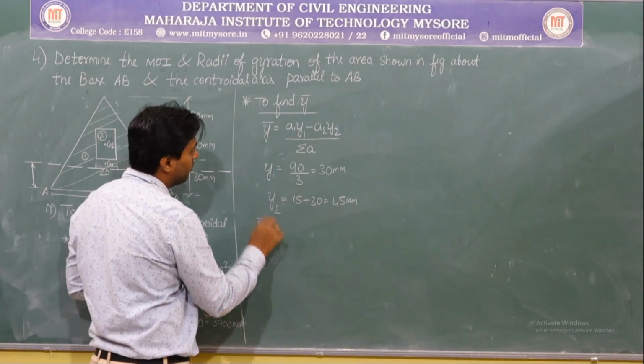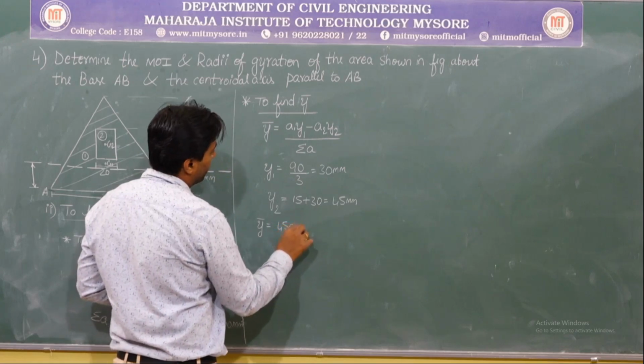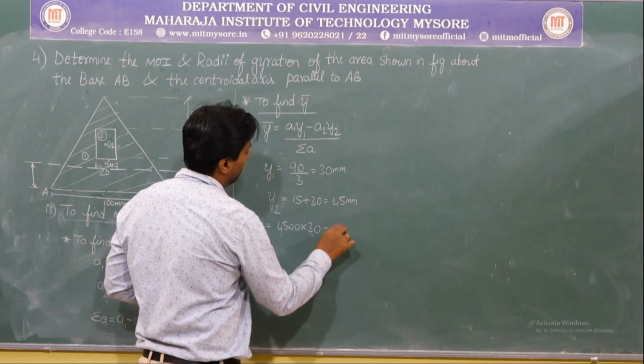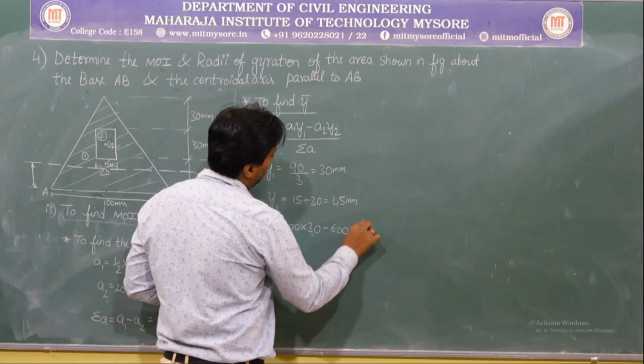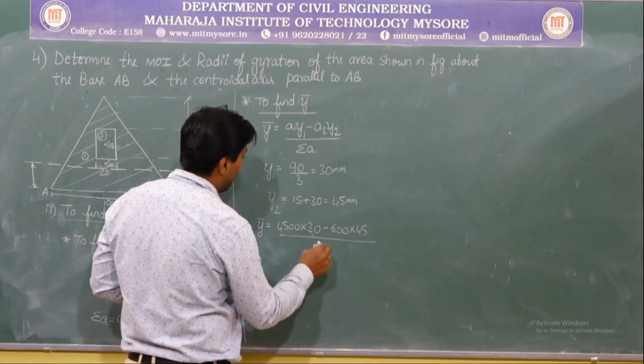Let me substitute everything back. So y bar is equal to A1, which is 4500, into 30, minus A2, which is 600, into 45, whole divided by sigma A, which is 3900.